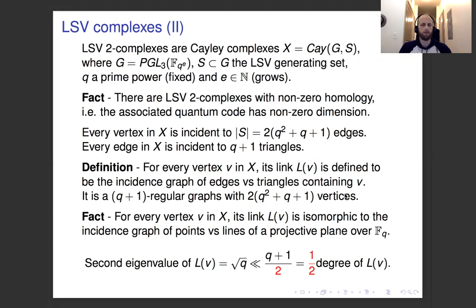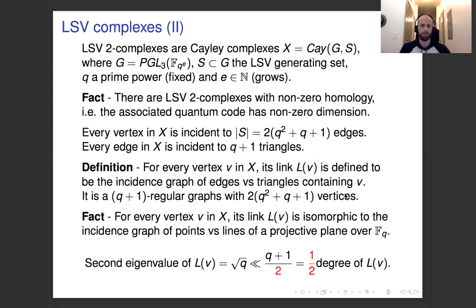Next, let me just say that these complexes are quite regular. Namely, every vertex has the same number of edges, namely 2 times q squared plus q plus 1, and every edge is contained in the same number of triangles, which is q plus 1. And I want to say a few words about the local structure of these LSV complexes.